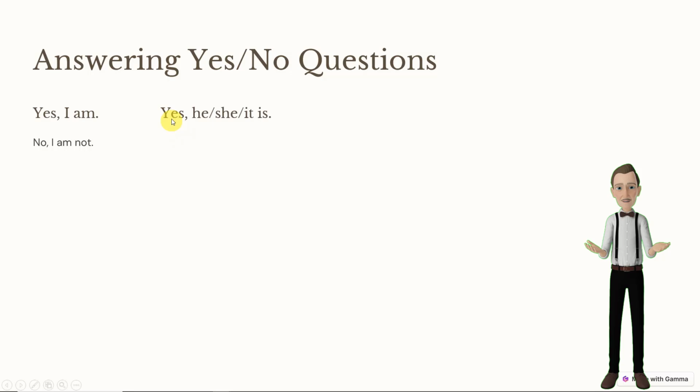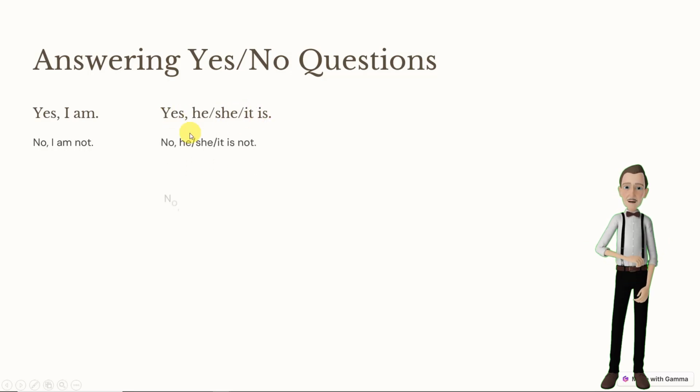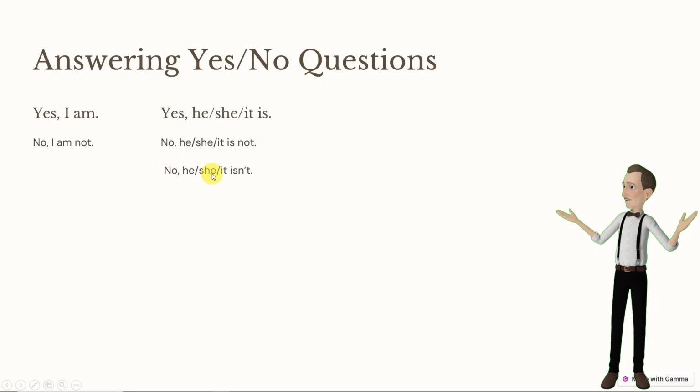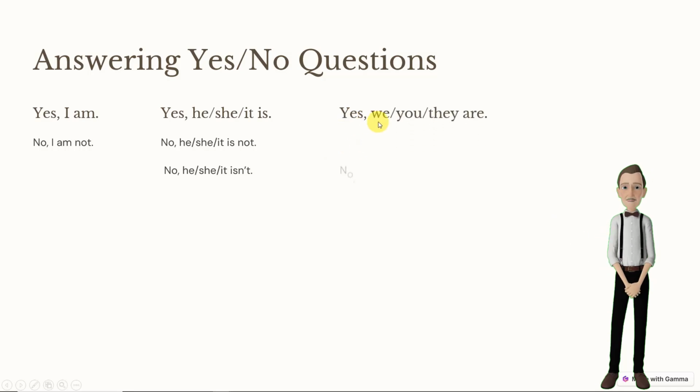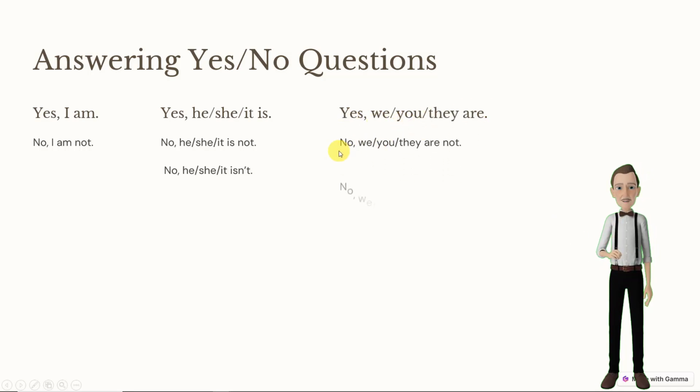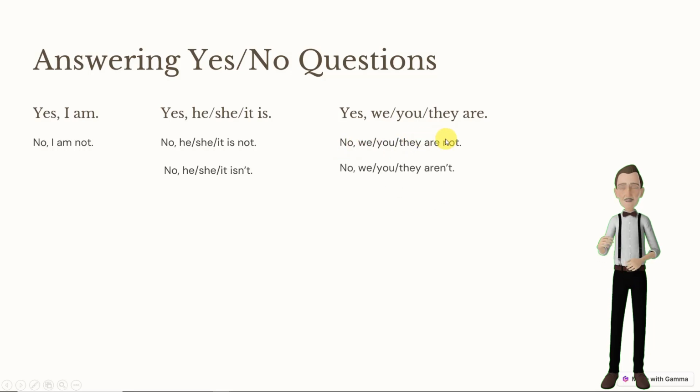Here: yes, he, she, it is, or no, he, she, it is not, or no, he, she, it isn't. Right? Once again: yes, you, we, they are, or no, we, you, they are not, or no, we, you, they aren't. Right? In these two forms here, it is correct to use the abbreviated form of is not and are not. Right? Let's look at some examples.